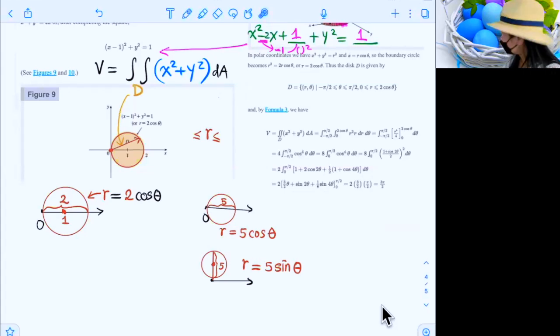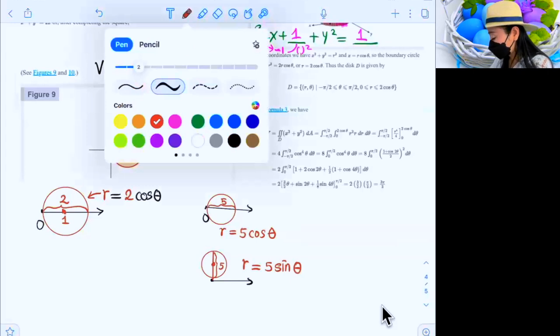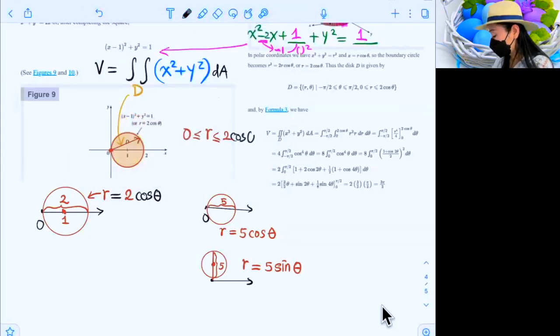So r is going to start at 0 and end at where? 2 cosine theta. So r changed from 0 to 2 cosine theta.